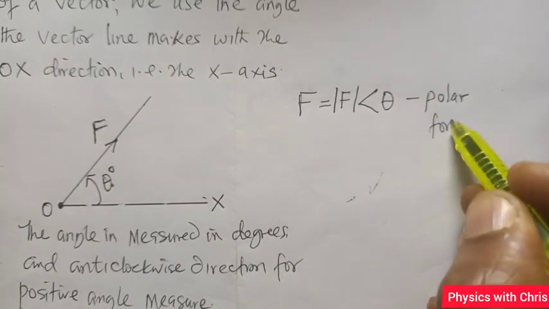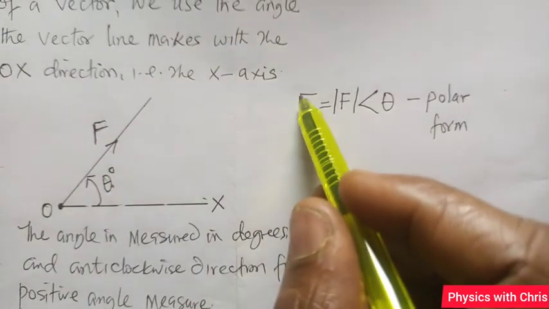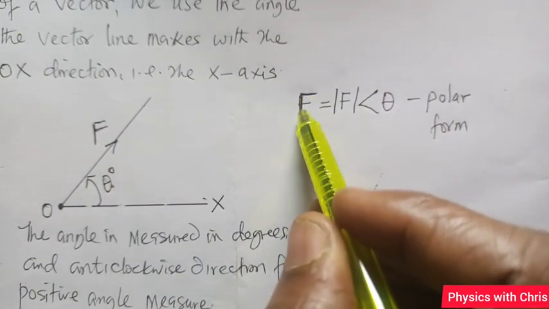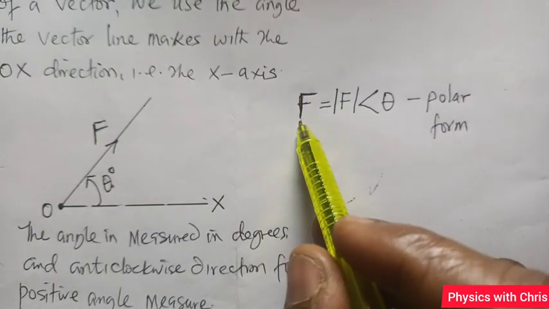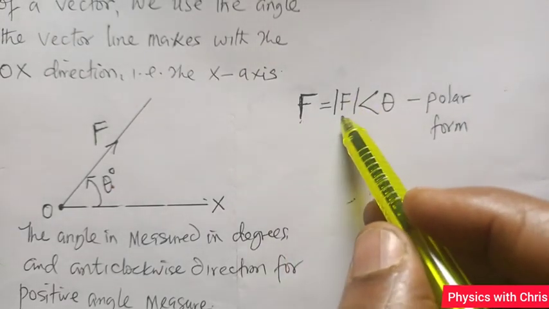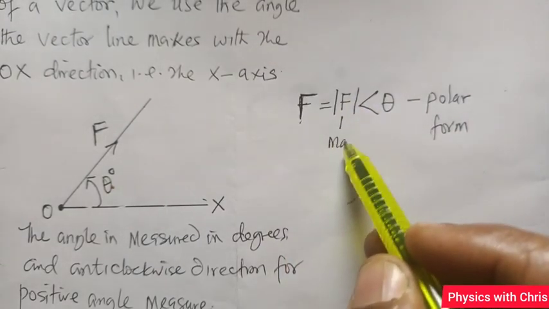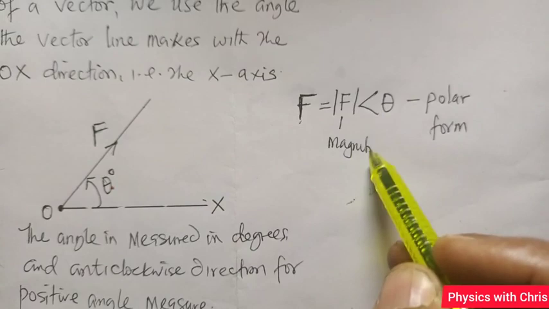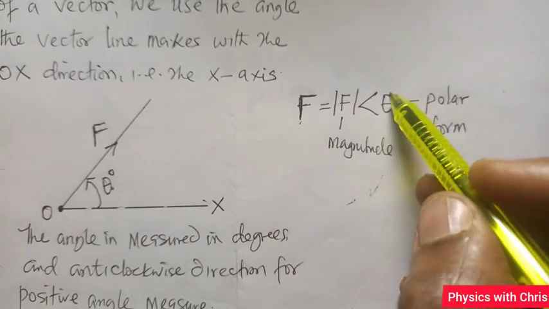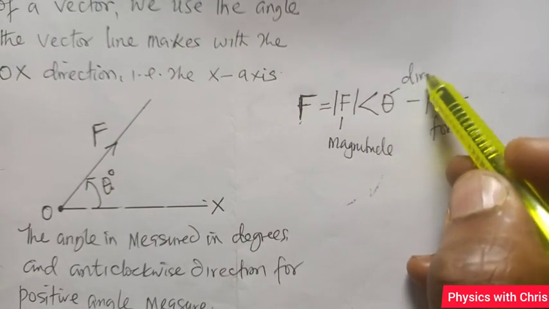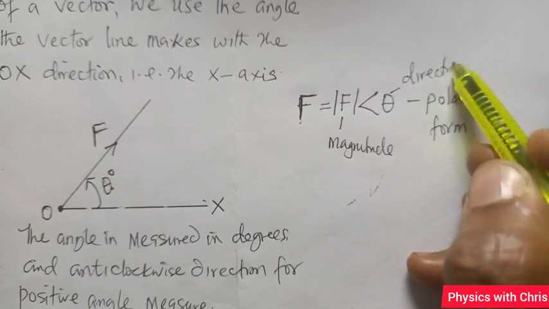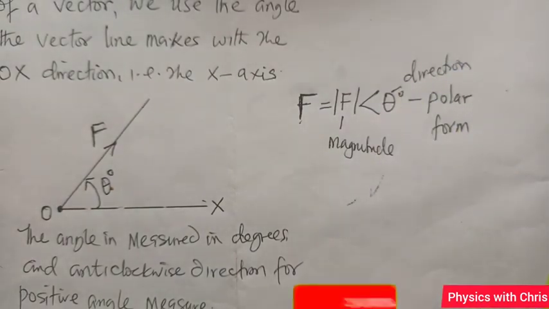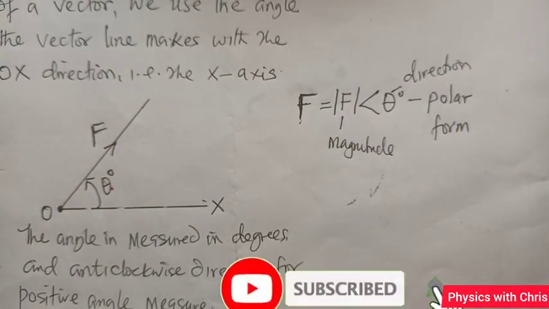In this polar form, this is the actual vector, represented by this symbol in magnitude and direction. This other one stands for the magnitude of the vector, and then this angle theta stands for the direction of the vector in degrees. So this is one way of representing a vector quantity.